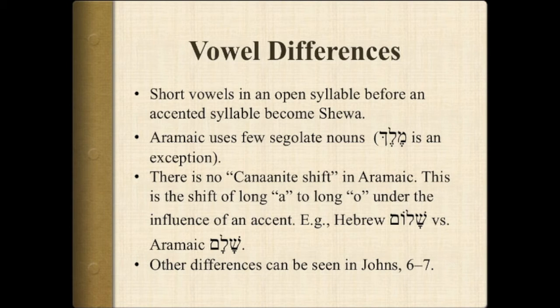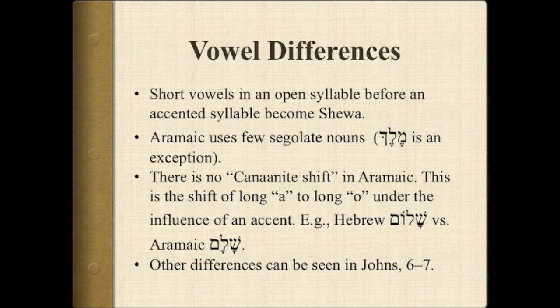But in Aramaic, whatever vowel is original becomes shva. Also, Biblical Aramaic uses few segolate nouns, the segol pattern that is very common in Hebrew. Melech is really one of the few exceptions. And there is no Canaanite shift in Aramaic.